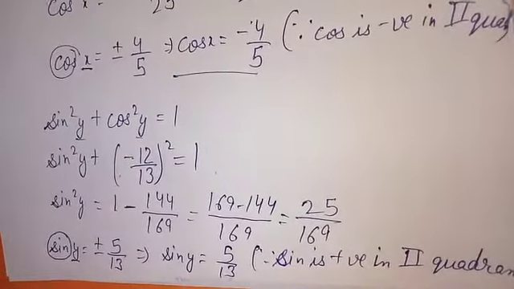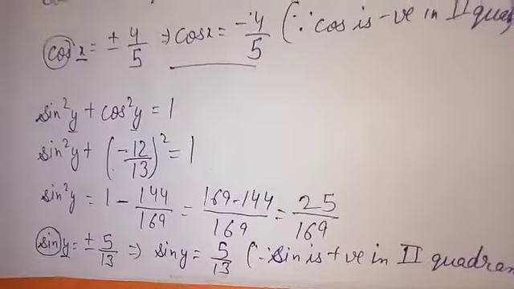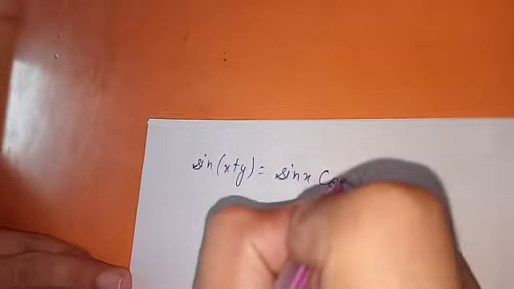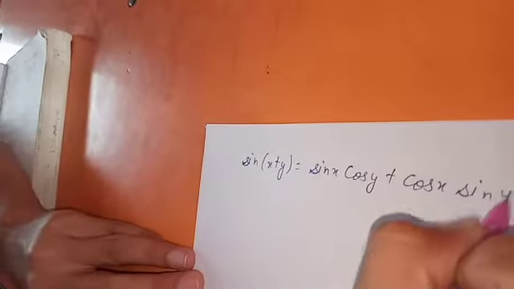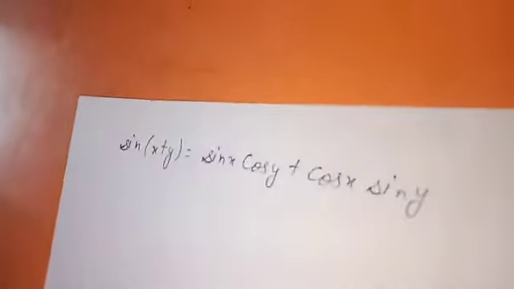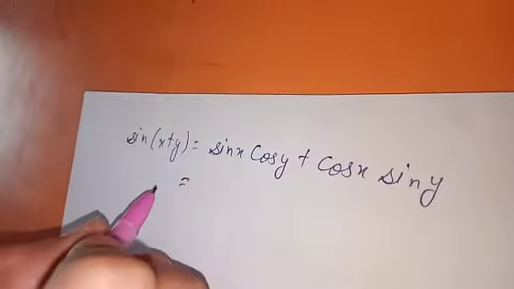Understood till here? Now just in the formula of sin(x + y) we will put all the values. So we can write again the formula, that is sin(x + y) is equal to sin x cos y plus cos x sin y. What is the value of sin x?